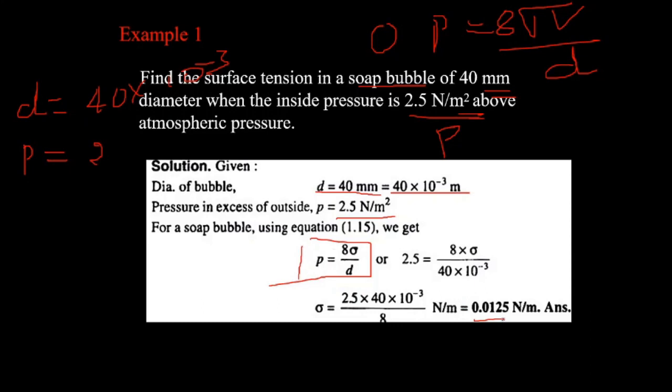So the answer will be 0.0125 Newton per meter. This is just a substitution problem, so I am doing it here in the slide. We just substituted in the given formula.